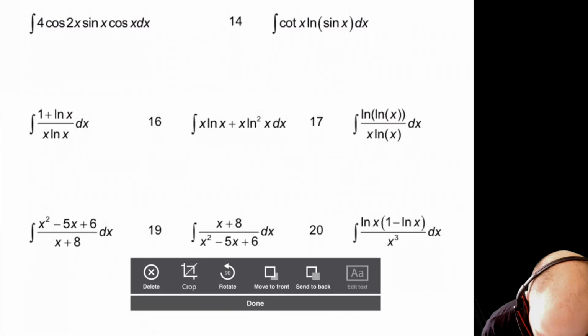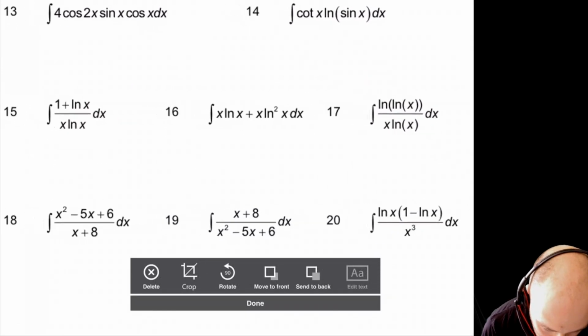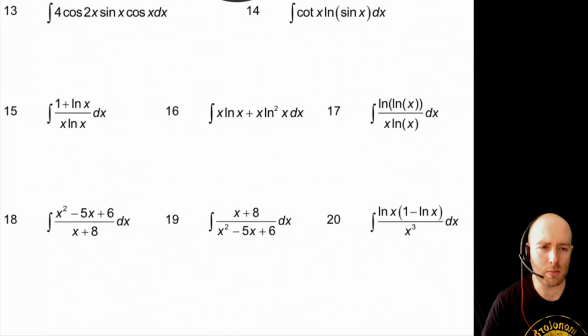And I'm pretty sure we were doing, or just about to do, these ones. I can't remember if I gave you guys much time to do them, actually.